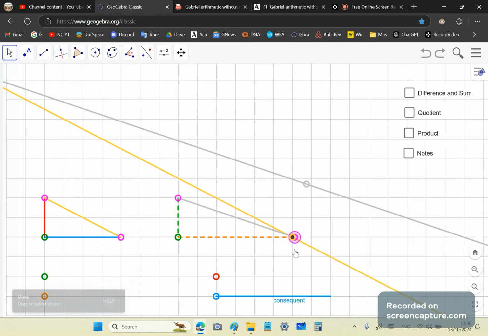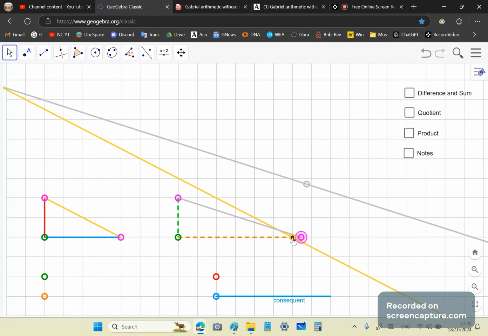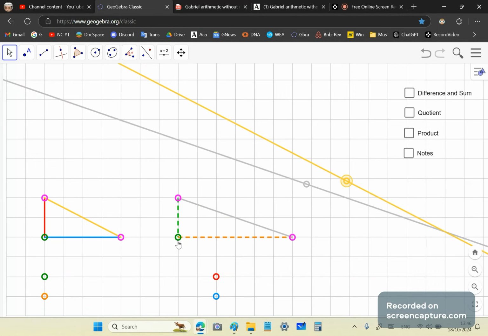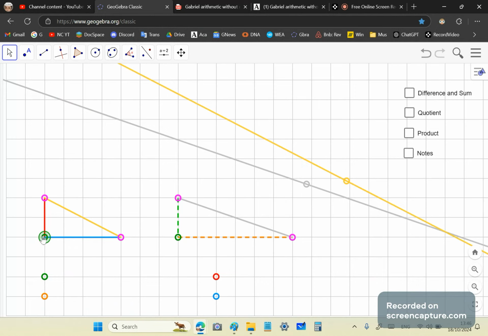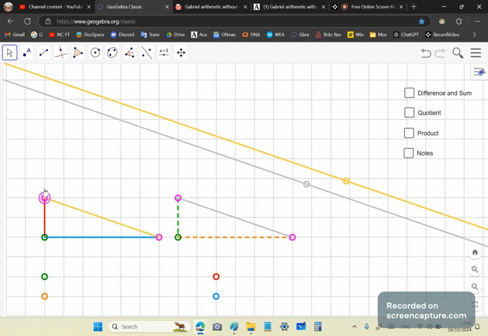So let me move that out of the way, like that, and I'm going to move this guy backward a bit. So first of all, this was like that, right? If I need a new antecedent, I'm going to have to increase that like that and like that, right?